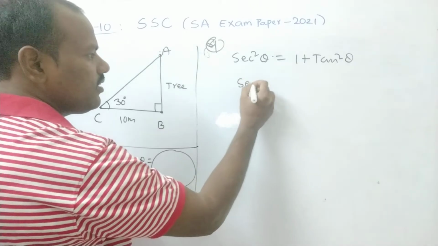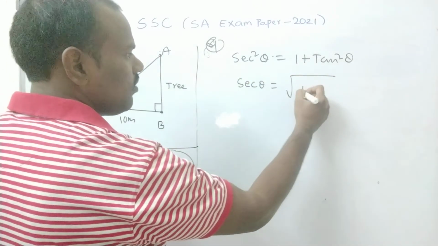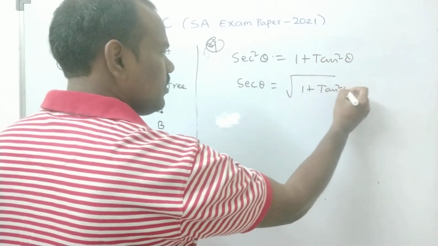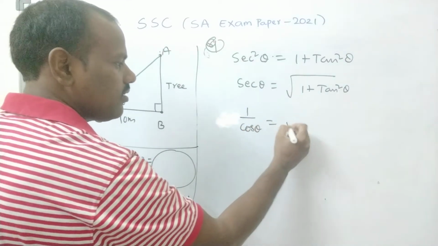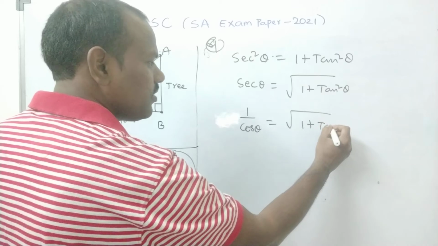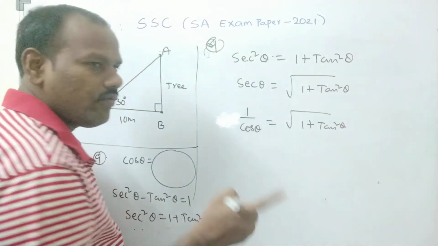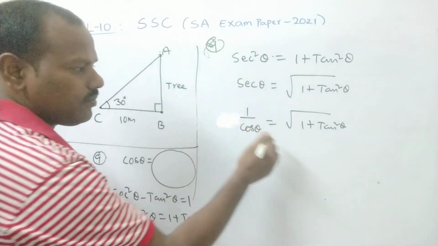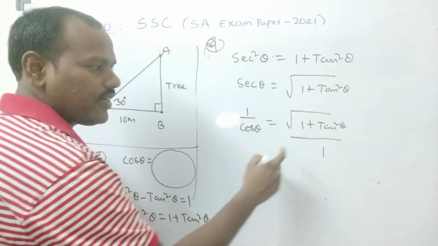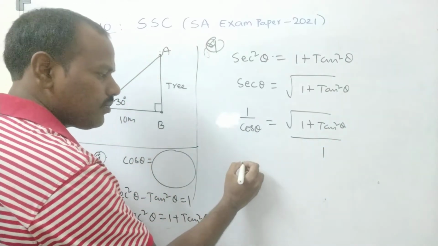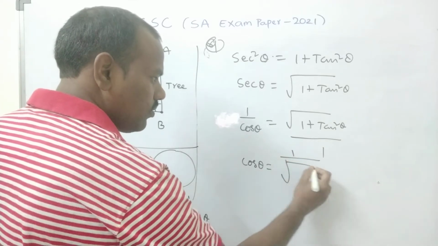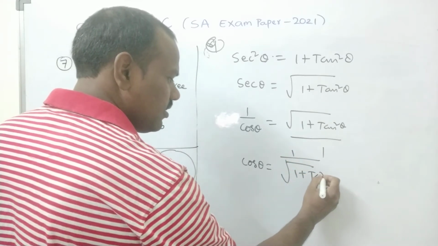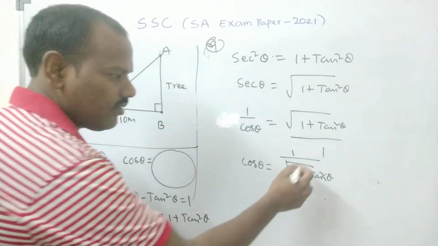So sec theta is equal to root of 1 plus tan square theta. But sec is equal to 1 by cos. So 1 by cos theta is equal to root of 1 plus tan square theta. But what we want is cos, just the reciprocal. If you take the reciprocal, cos theta is equal to 1 by root of 1 plus tan square theta. That's it. Very simple.